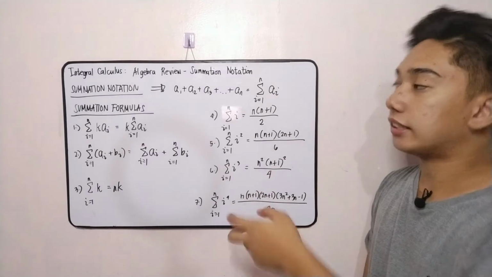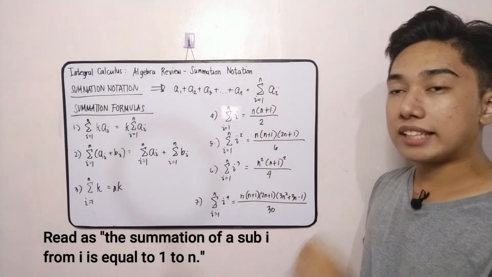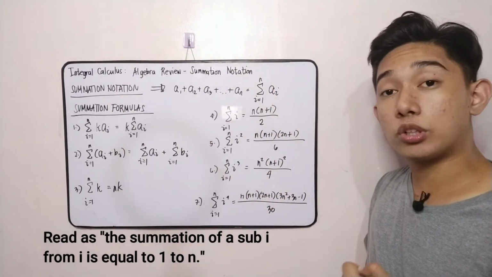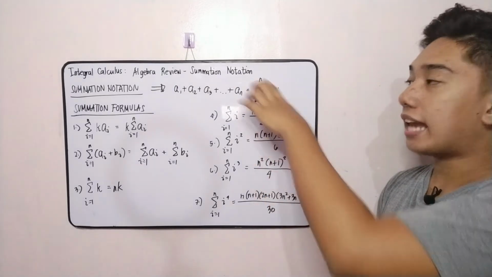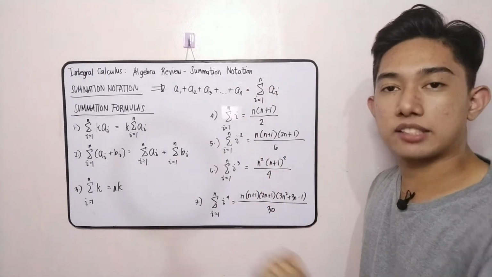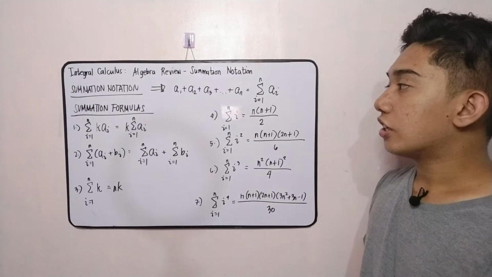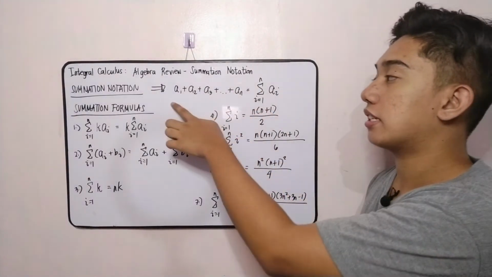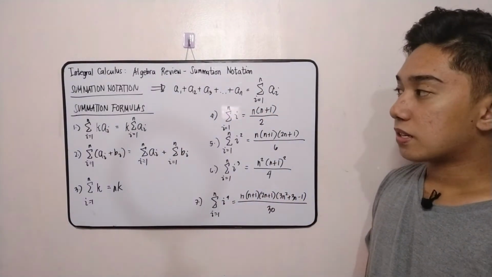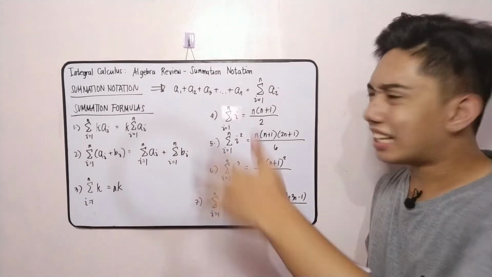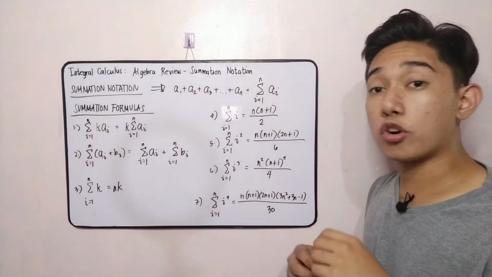And that is represented by the summation of a sub i from i equals 1 to n. n is any random number. Kung ano yung last, yun po yung n. Okay? So, that is represented by this expression. In order for us to understand, let us introduce to you the summation formulas.